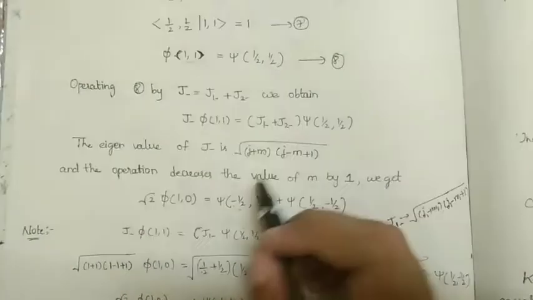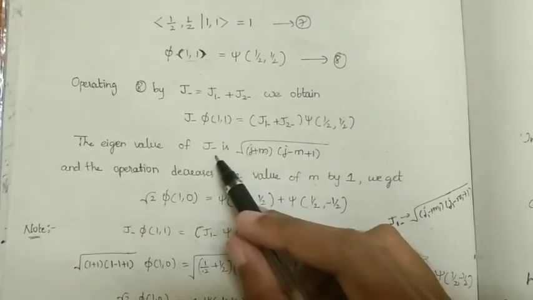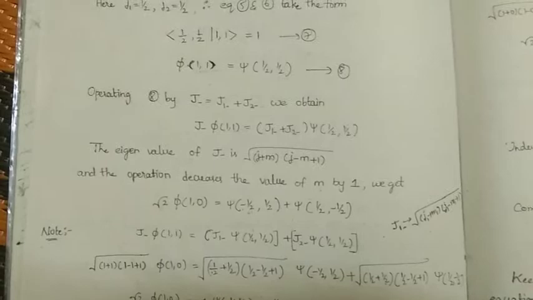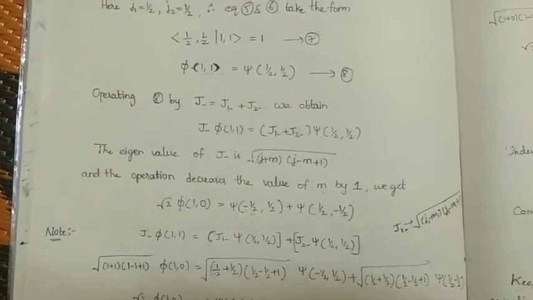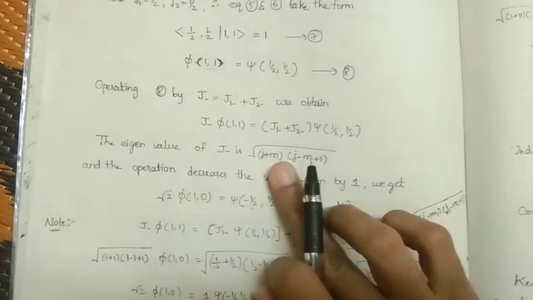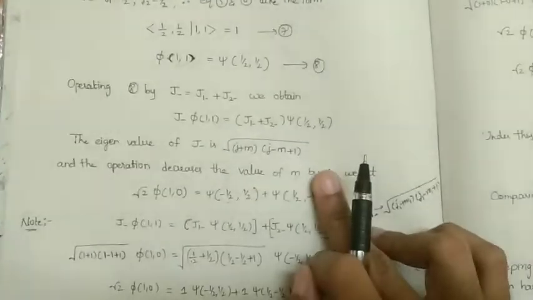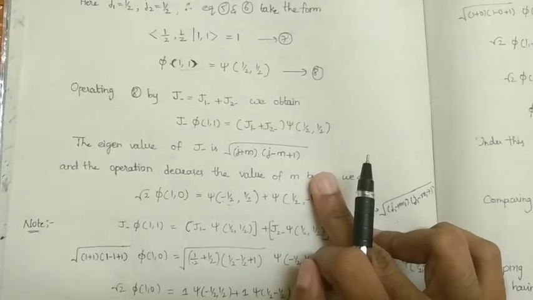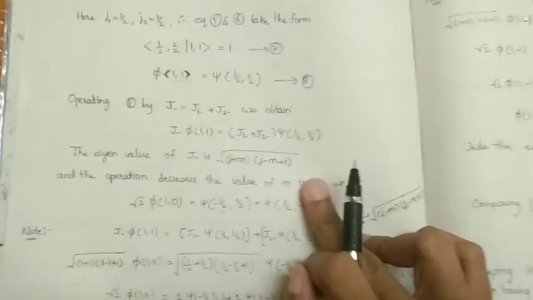The jz operation keeps the wave function as usual, it does not increase or decrease the value of m, whereas j minus decreases the value of m by 1 unit, and j plus increases the value of m by 1 unit after operating on the wave function. That we need to remember.